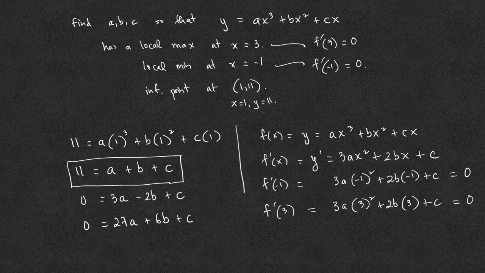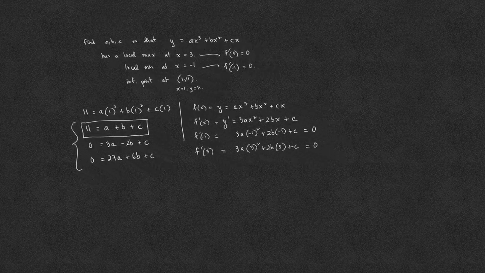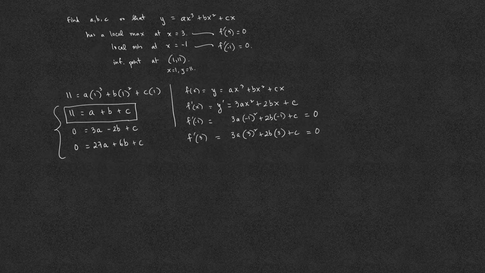This is a system of three equations with three unknowns, a, b, and c. So we should be able to find a, b, and c using the elimination or substitution method.